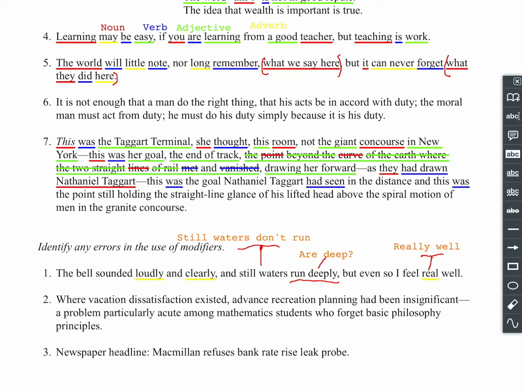Oh, "really" here doesn't modify "feel," it modifies "well." So "I feel well." "Well" is an adjective about me, and then "real" or "really" is modifying it. Okay, I'm moving on. Or no, wait, I wanted to look at the "even so."